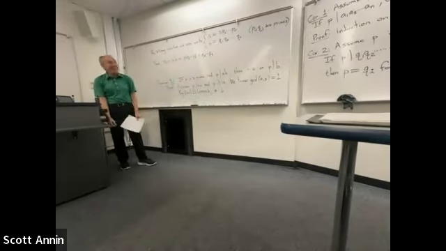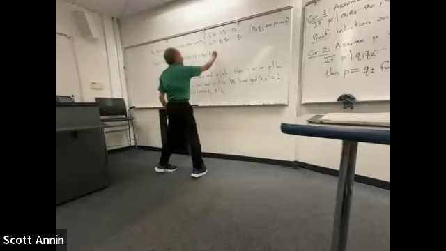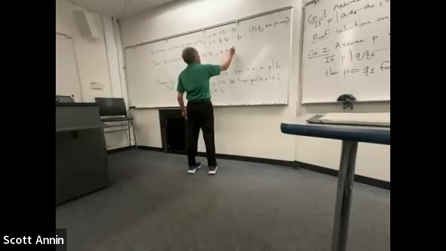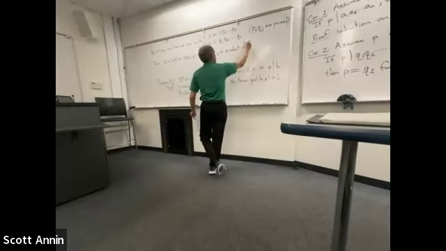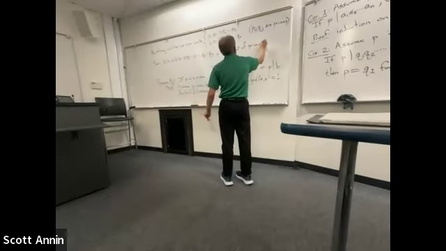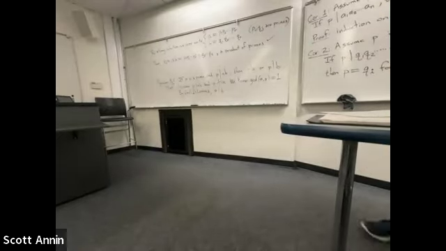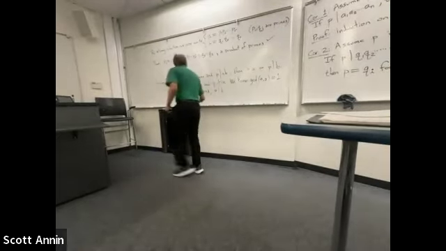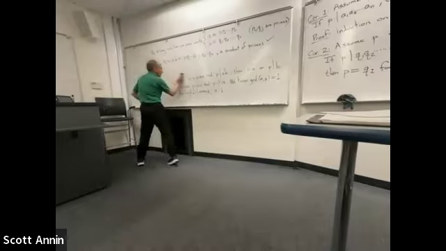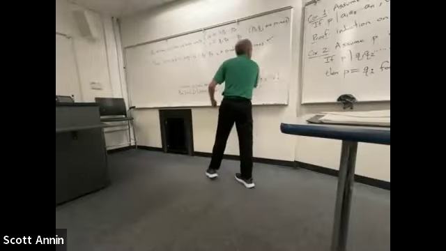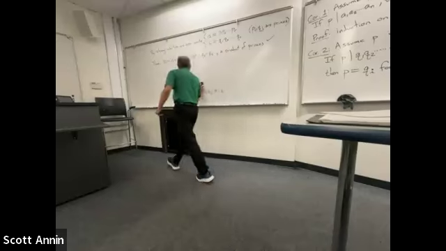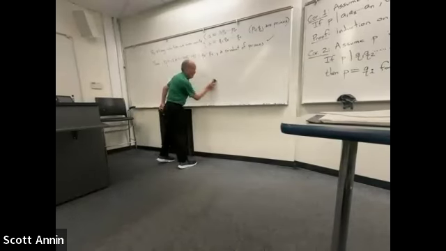And sure enough, n is a product of primes. So this is a product of primes. Good enough, right? So that shows the existence of an expression of n as a product of primes. So far, so good.